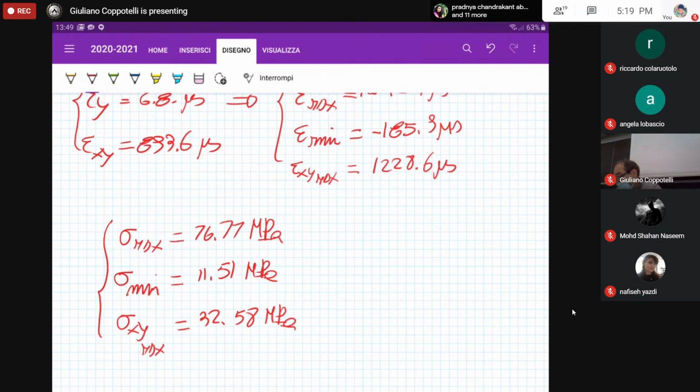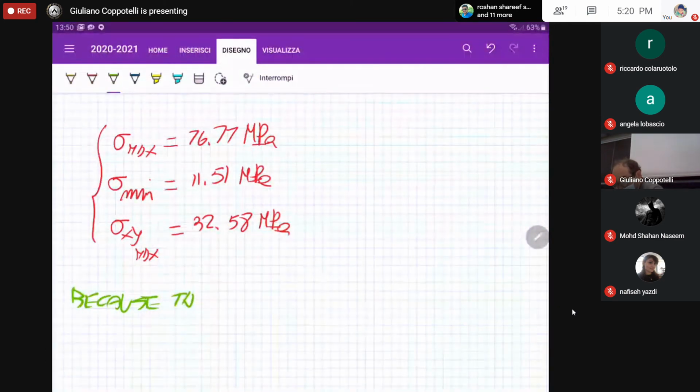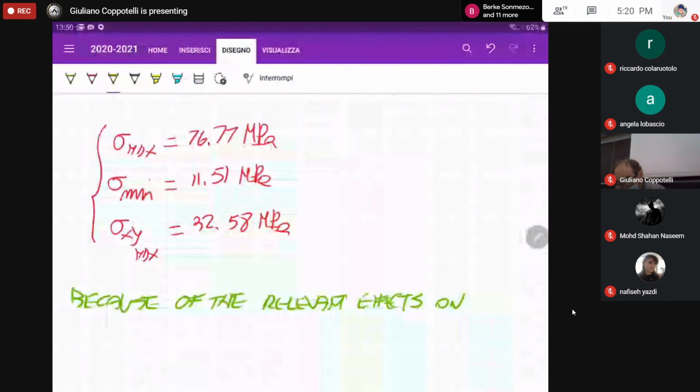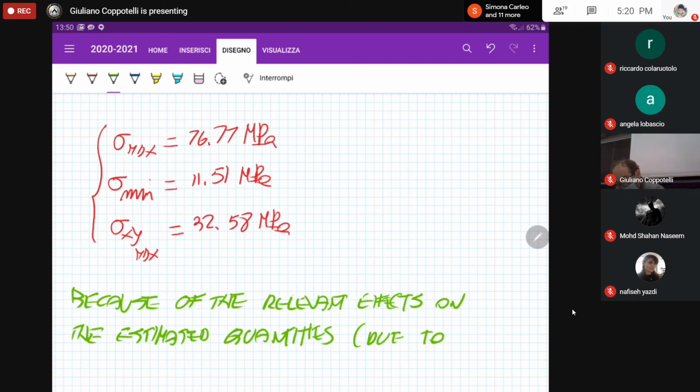So that's the reason why, because of the relevant effects on the estimated quantities due to the position error.